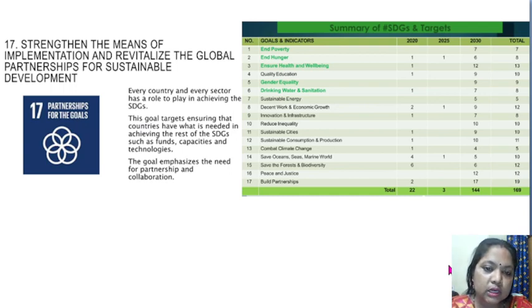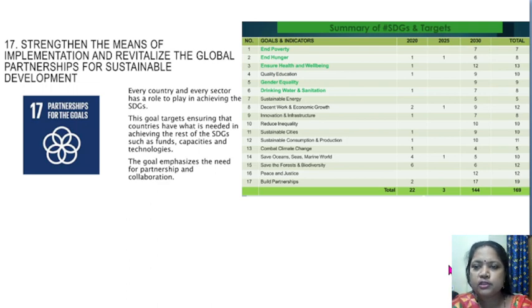This goal targets ensuring that countries have what is needed in achieving the rest of the sustainable development goals, such as funds, capacities and technologies. So this goal emphasizes the need for partnership and collaboration. Okay. So these are the 17 sustainable development goals.